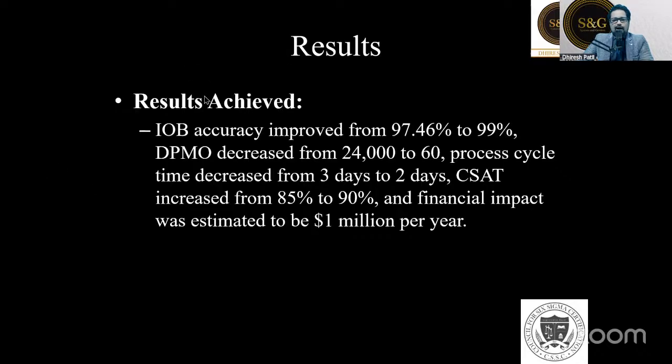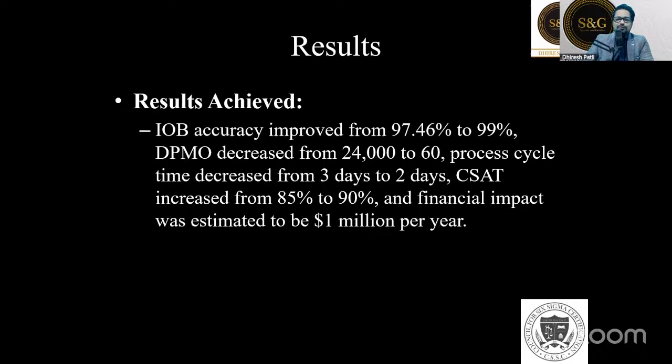The results are like this. IOB accuracy improved from 97.46 to 99%. DPMO decreased from 25,400 to 60. Process cycle time decreased from 3 days to 2 days. CSAT, the Customer Satisfaction Index, increased from 85% to 90%, and the financial impact was estimated at around 1 million in one financial year.